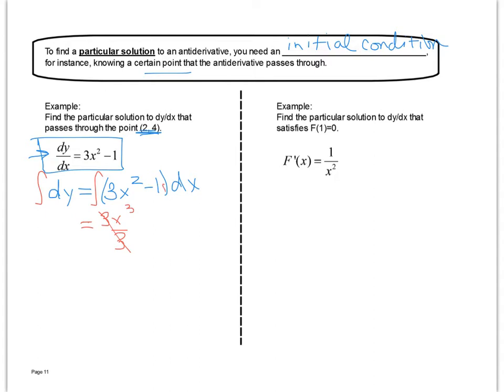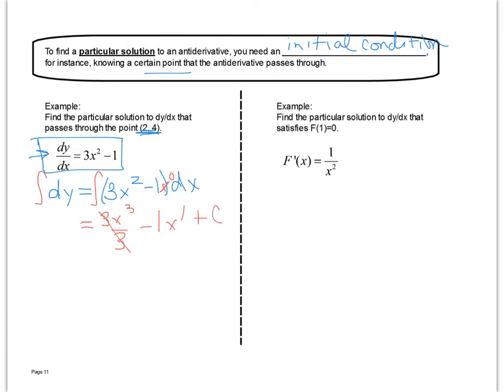Now, some people feel very strongly about writing this x to the 0 there because it helps them. But you're going to bring the -1 down. You have to add 1 to the exponent, so you can't still be just -1. You have to go up a degree, so it has to be an x to the first. Divide by 1. I'm not going to write that one. And then the plus c you need.